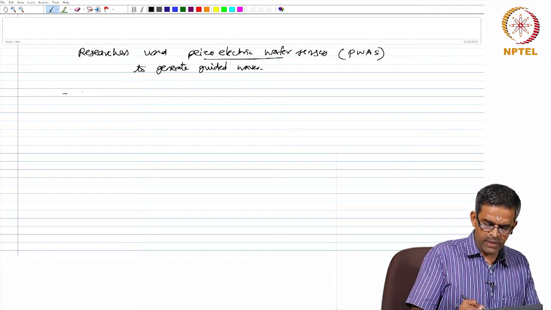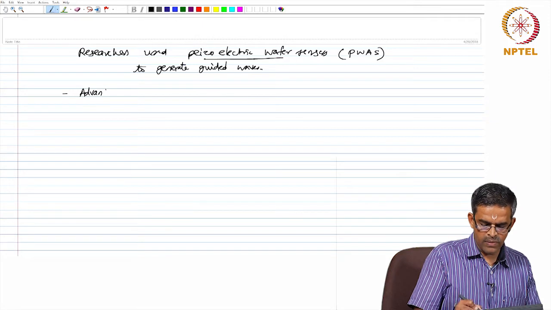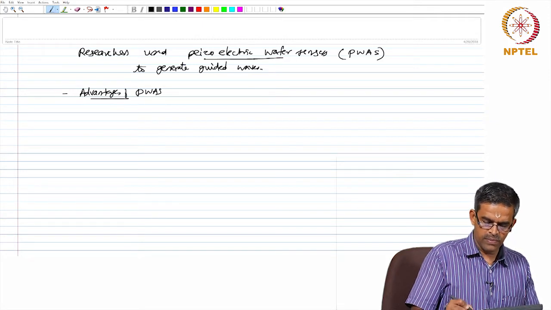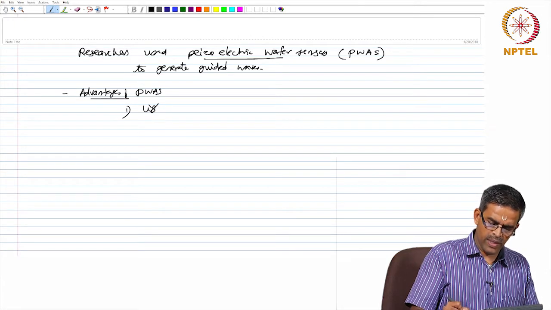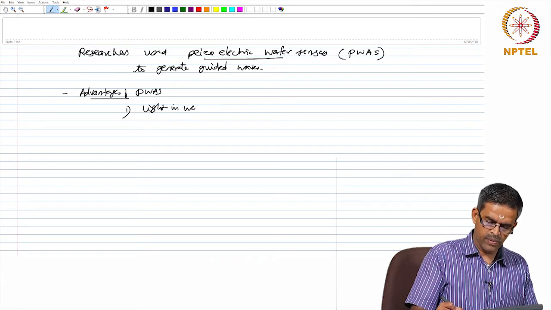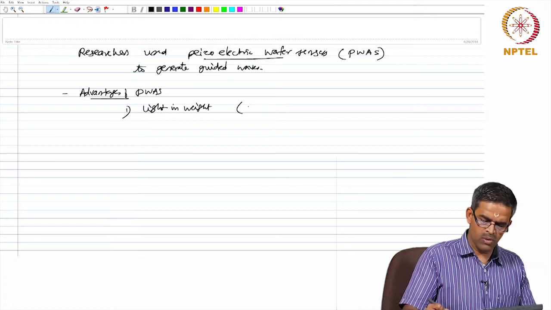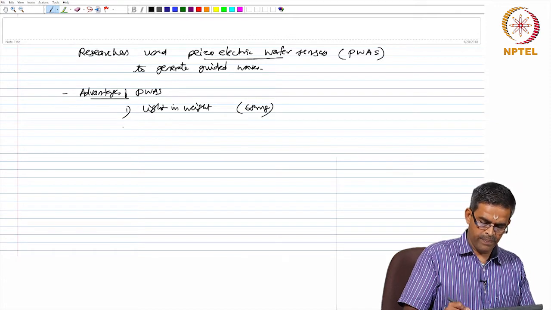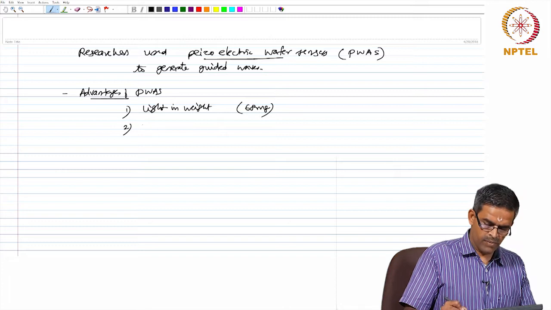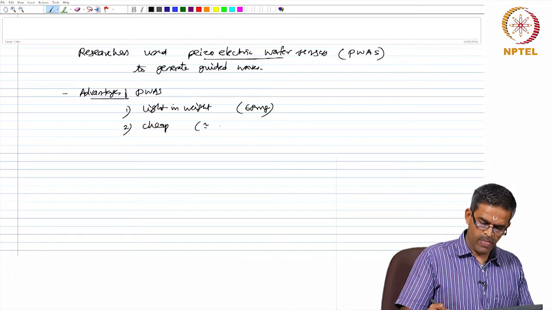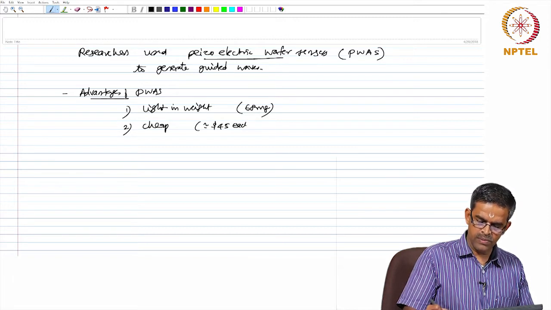There are some advantages of these sensors. They are very light in weight, only about 68 milligram. They are very cheap, approximately let us say $45 each.